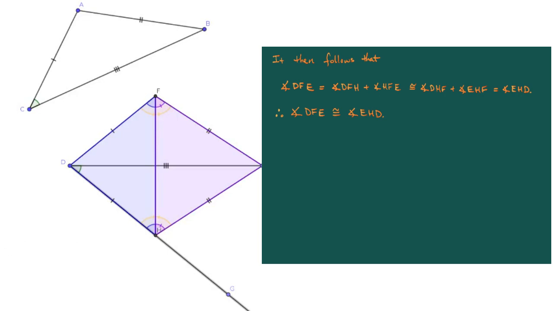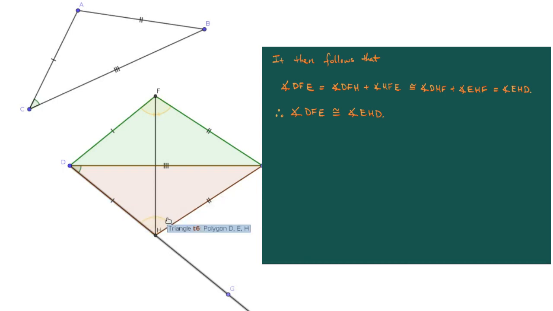And so now if we look at the triangle here and the triangle here, we can turn off our smaller angles. We don't need those anymore. So if we look at the green triangle and the red triangle, we know that those are going to be congruent by the side-angle-side congruence theorem.